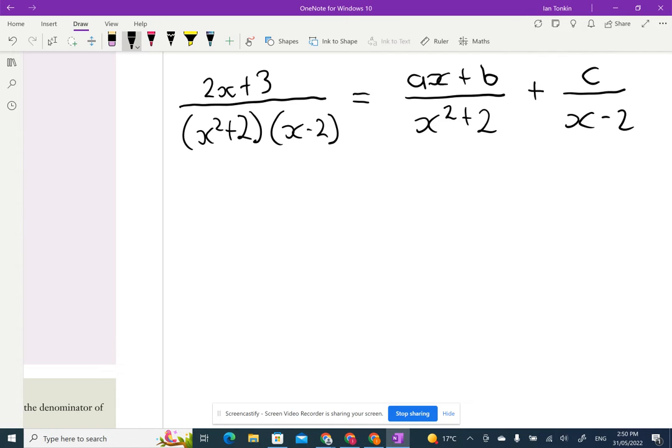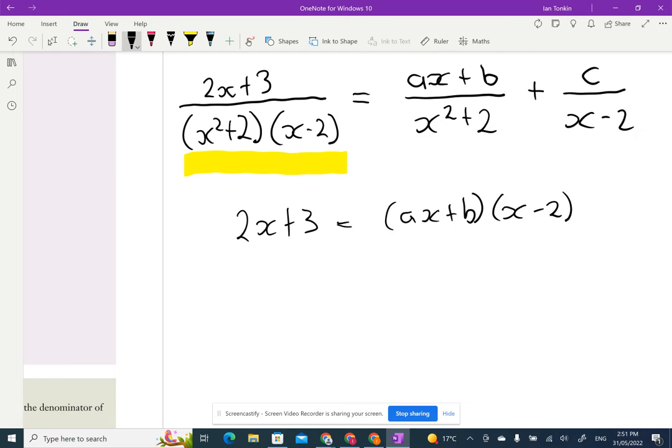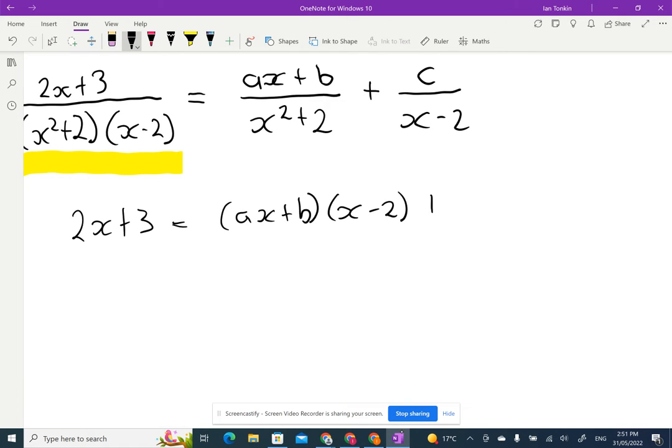All right. So if we do that, and we say that those two things can be equal, again, we multiply by the denominator on the left-hand side there, and we get 2x plus 3 equals ax plus b times x minus 2 plus c times x squared plus 2.